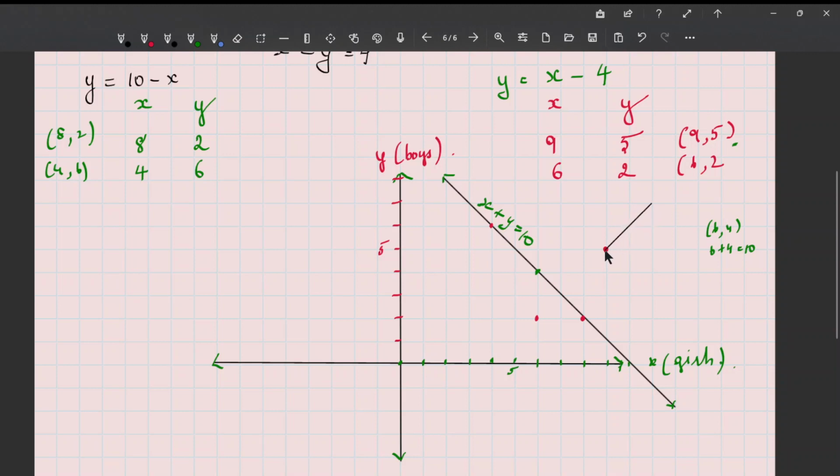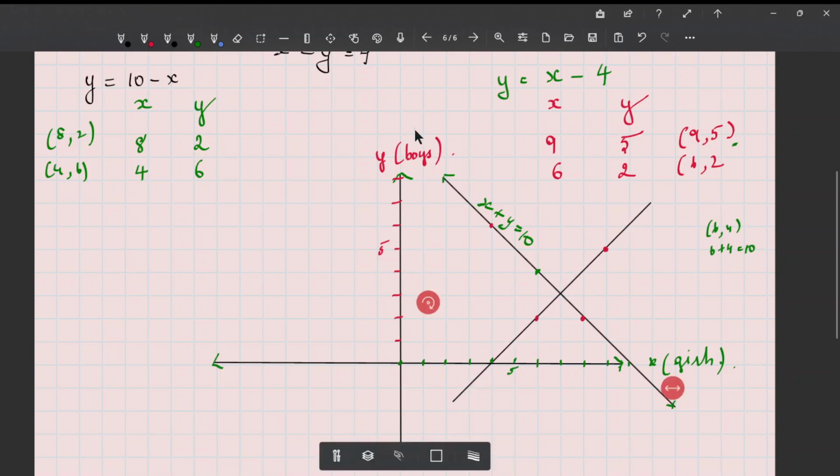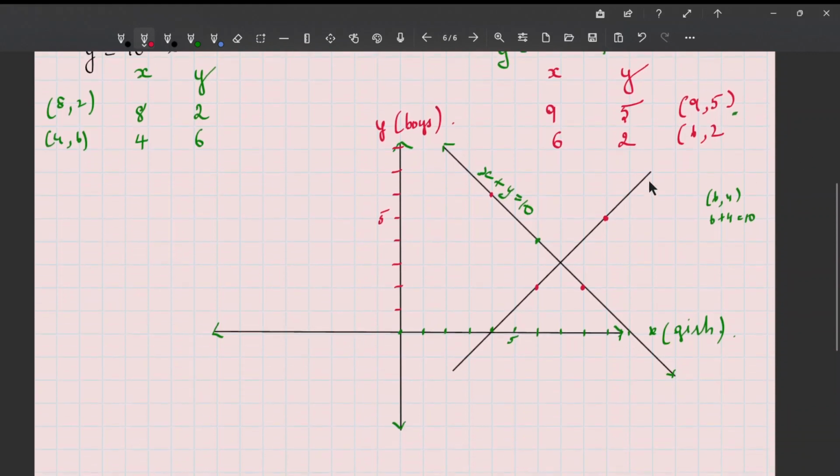Joining these 2 points, I get the line for y is equal to x minus 4. The initial equation was what? x minus y is equal to 4. So this line represents x minus y is equal to 4.